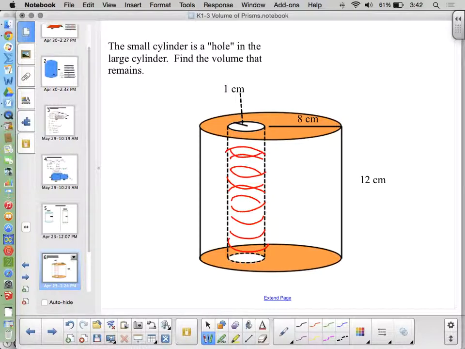So we'd have the lateral area of the small cylinder added to the total area of the large cylinder and subtract from that the area of those 2 small circles cut in the top and bottom. So it can get complicated.